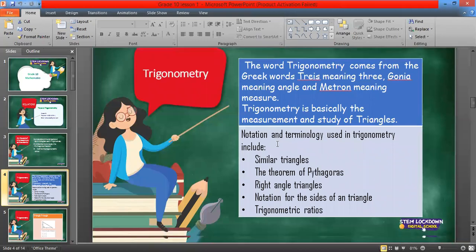Some of the things we talk about in trigonometry are similar triangles and the Pythagoras theorem.